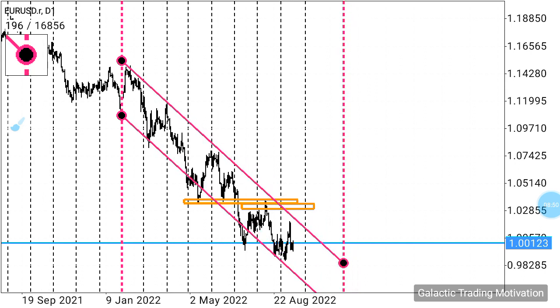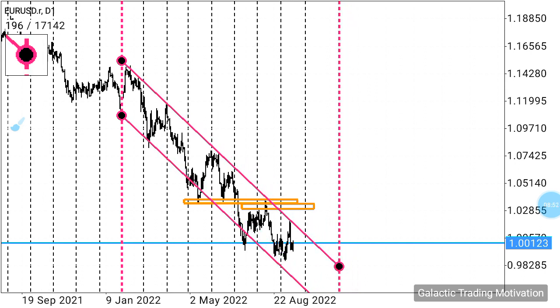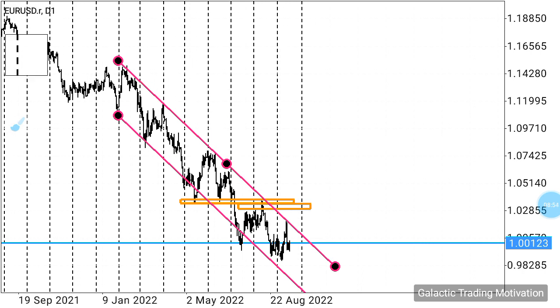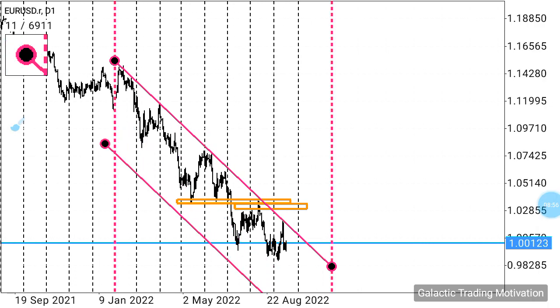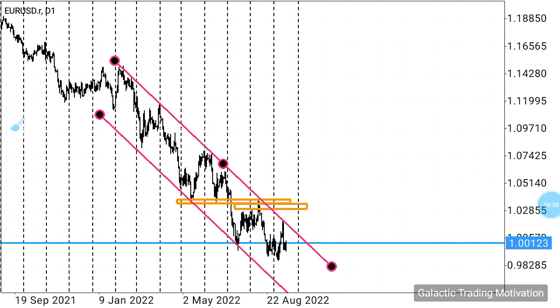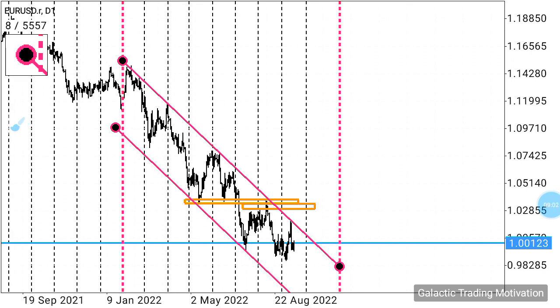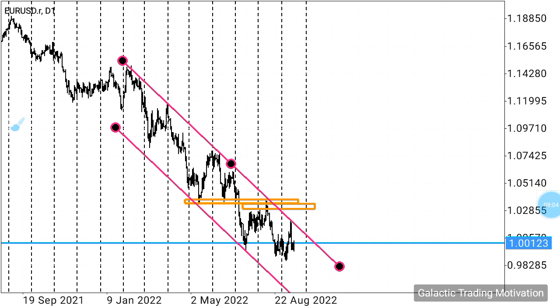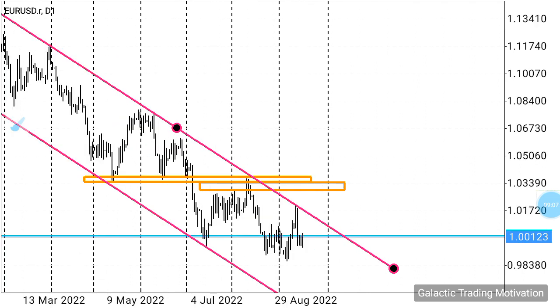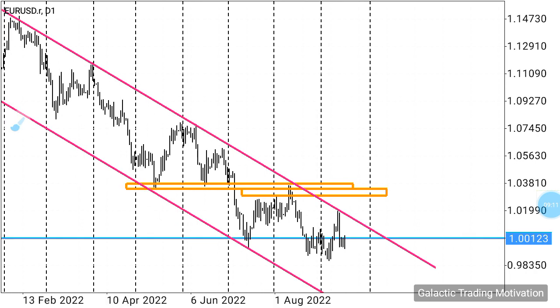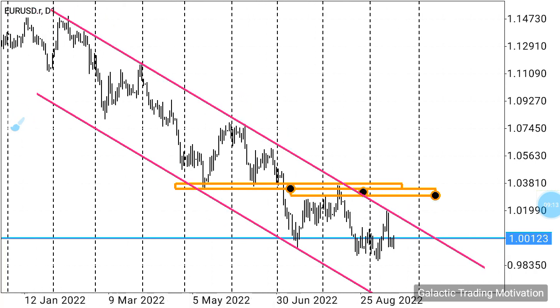And here we go, more or less. Just bear with me, guys. And there we go. I just want to make sure that our lines are as accurate as possible, just to ensure that at the end of the day, when we do ultimately execute, our execution is also as accurate as possible. So there we go.